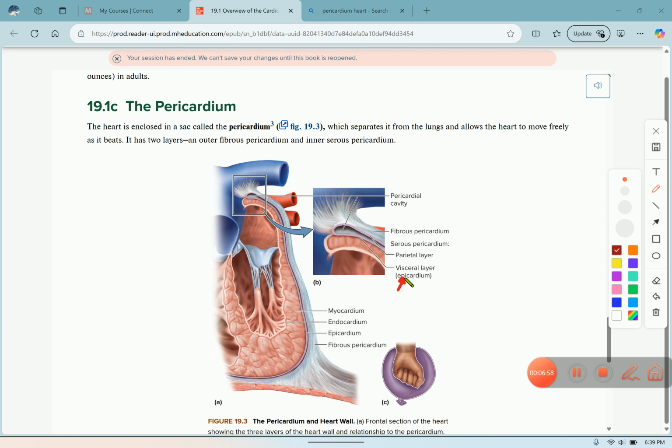And then the next layer in is the myocardium, the muscle layer. And then the insidemost layer is the endocardium. One more time, working from superficial to deep: the pericardium, the epicardium, myocardium, and endocardium.